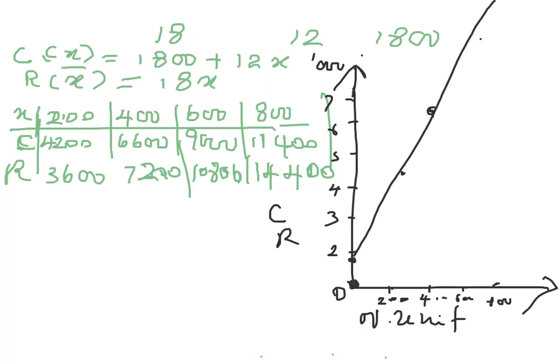When our x equals 0, our revenue is also 0. But when our x equals 200, it becomes here, and that value is less than the cost, and it becomes 400.